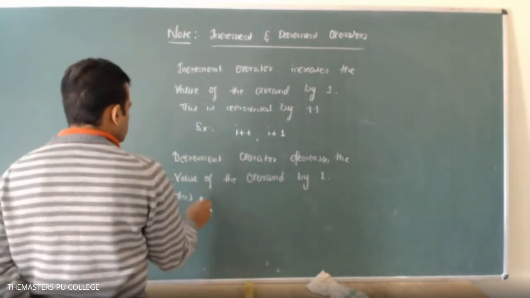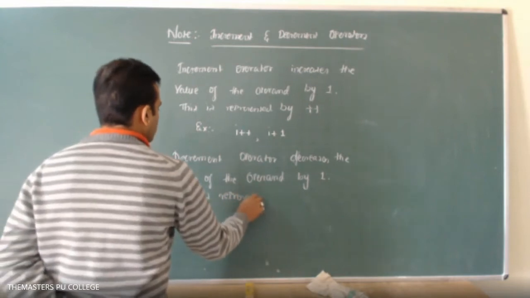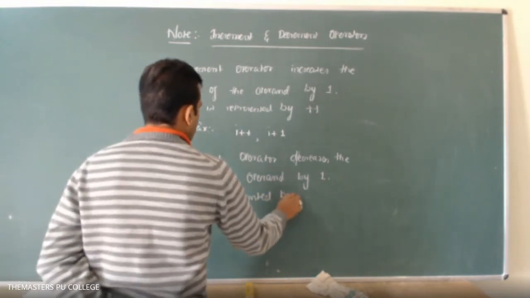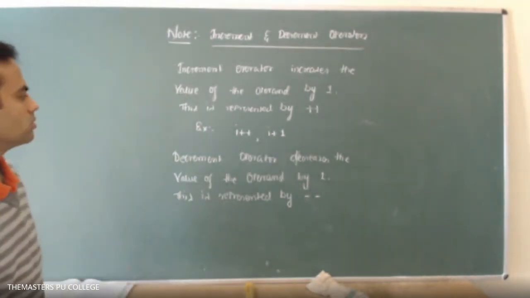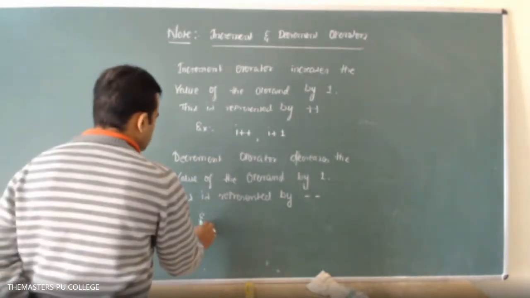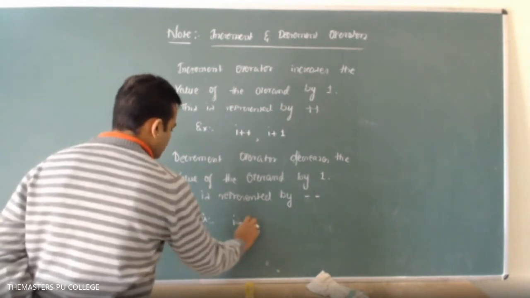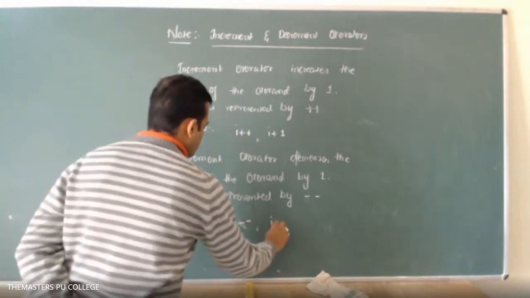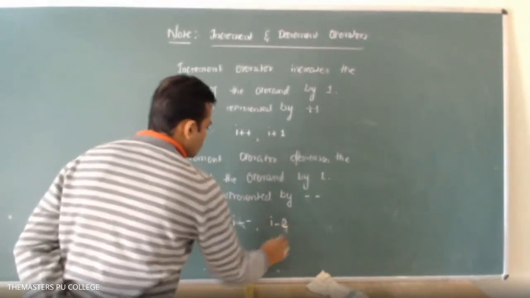This is represented by minus minus. Right? The example we can give like this: I minus minus, I minus 1, I minus 2, like that.